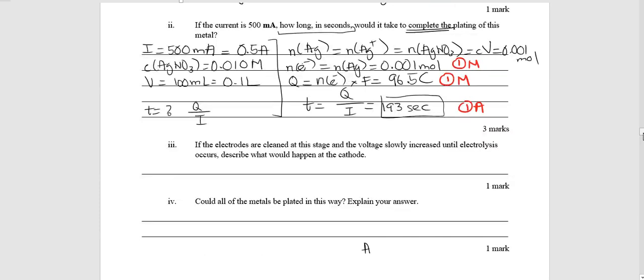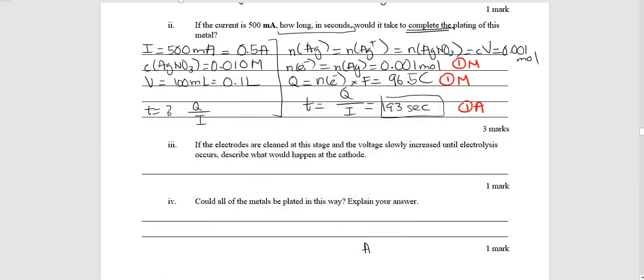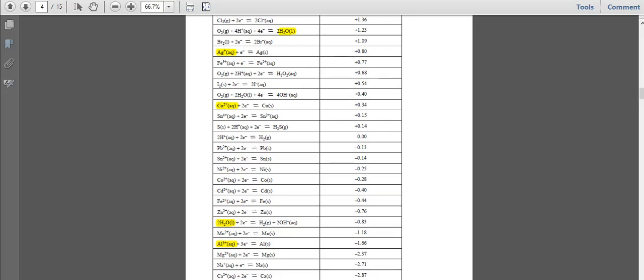If the electrodes are cleaned at this stage and the voltage slowly increases until electrolysis occurs, describe what would happen at the cathode. So when you clean the electrodes and all of the silver ions have now been plated to silver, it's going to move on to the second, that's not this one, the second strongest oxidizing agent, which in this case is copper 2+.